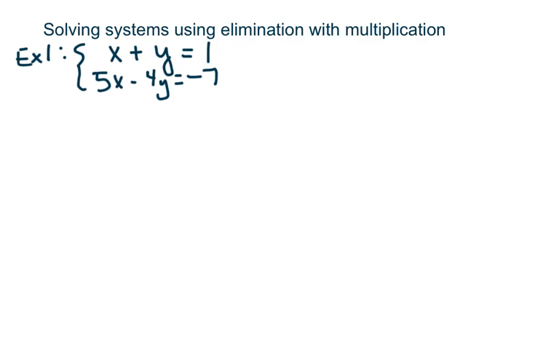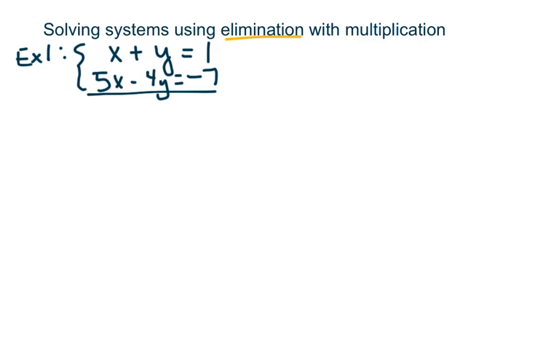So if we just tried to add these, we would end up with a 6x and a negative 3y and a negative 6. So remember, the word eliminate means to get rid of. That would not get rid of any of the variables. So we have to make the coefficients opposite of each other in front of either one of the variables in order to eliminate the variable.